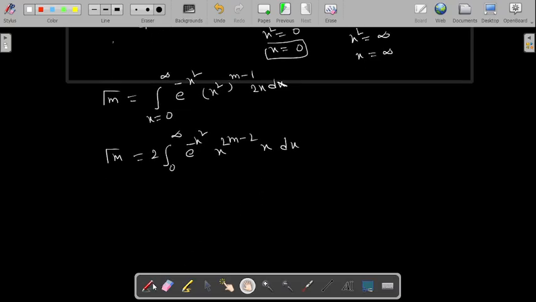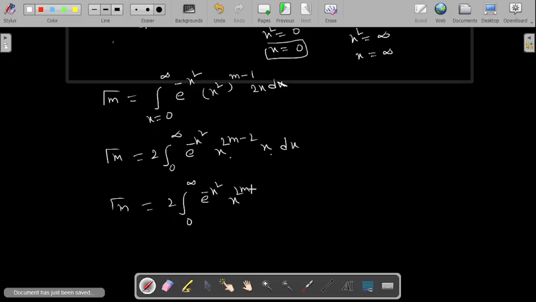Bases are the same, so powers should be added. Gamma m equals 2 into integral 0 to infinity e power minus x square, x power 2m minus 2 plus 1, into dx.